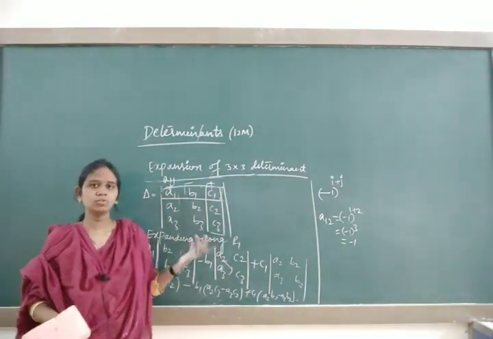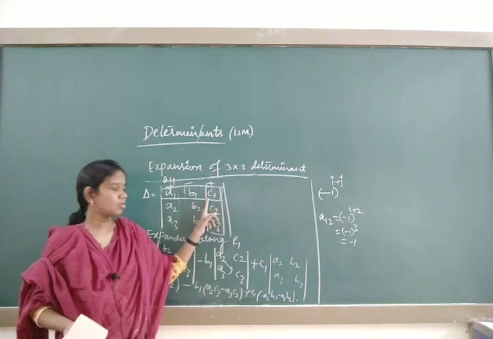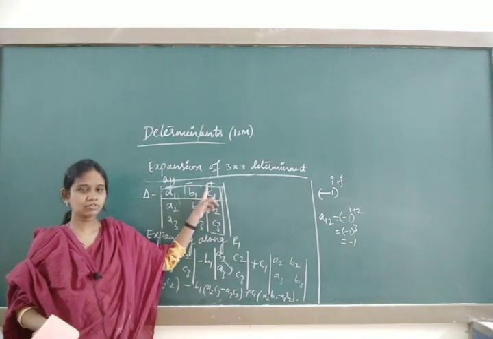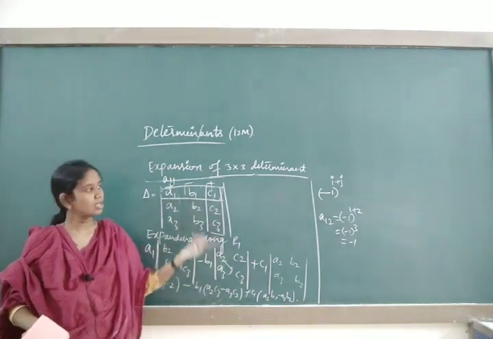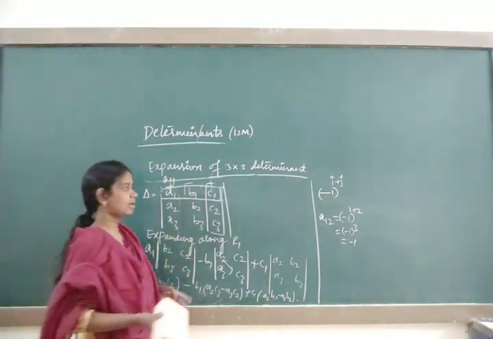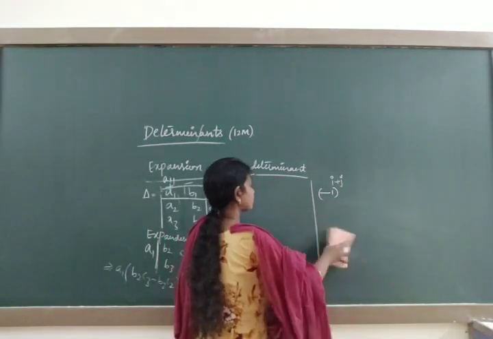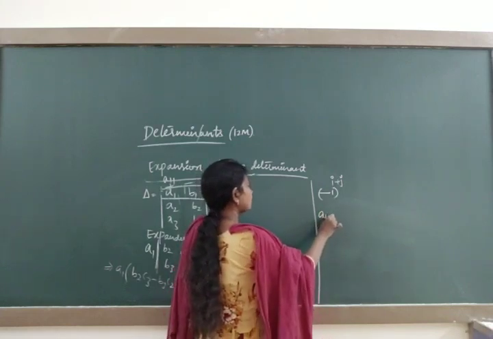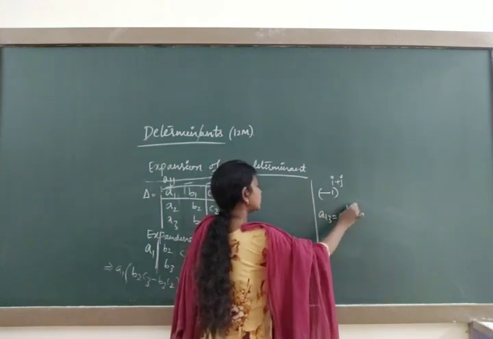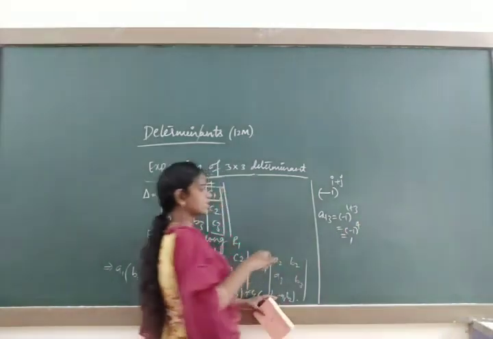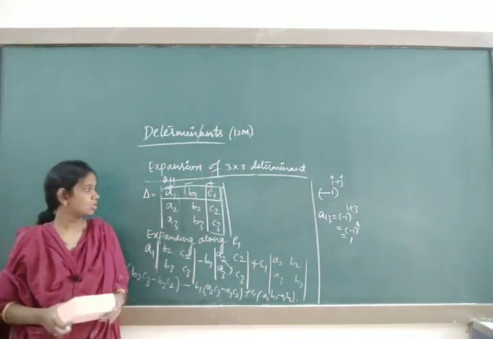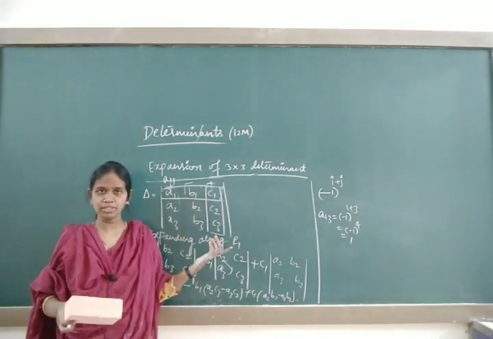Similarly for this number I have given the plus. Why? Because C1 is present on which position? A13. Substitute in that factor again. A13 is minus 1 to the power of 1 plus 3, minus 1 to the power of 4. It's nothing but plus 1. So signs are plus minus plus.